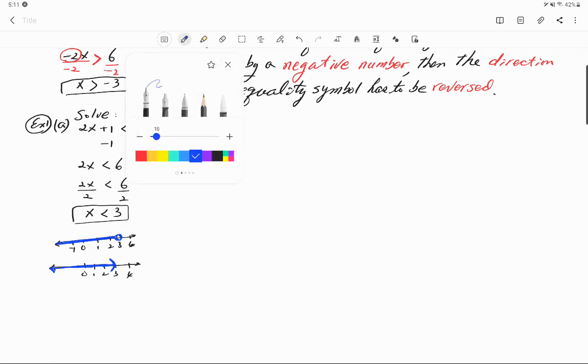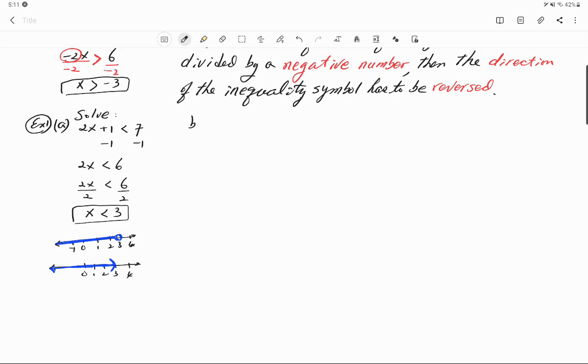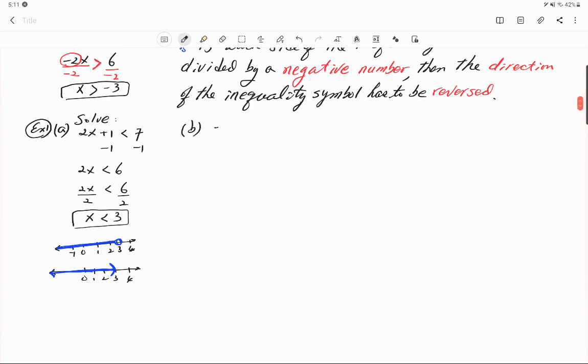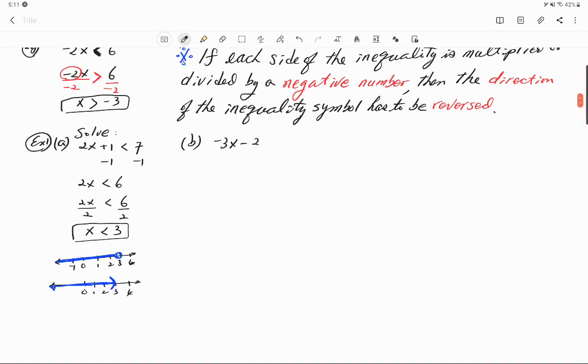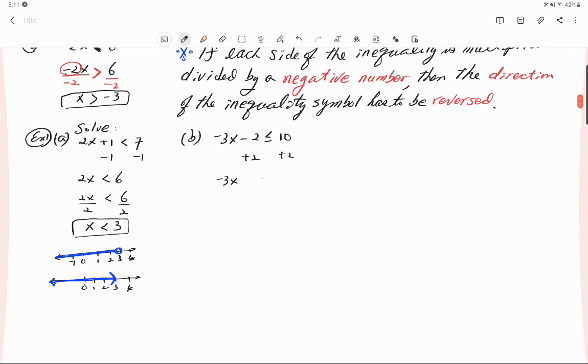Let's try our next example. B is negative 3x minus 2 less than or equal to 10. Look at this, we have a negative 3x, so maybe we will divide the inequality by a negative number. First we need to remove minus 2, so plus 2 to each side, just like when you solve an equation. So negative 3x is now less than or equal to 12.